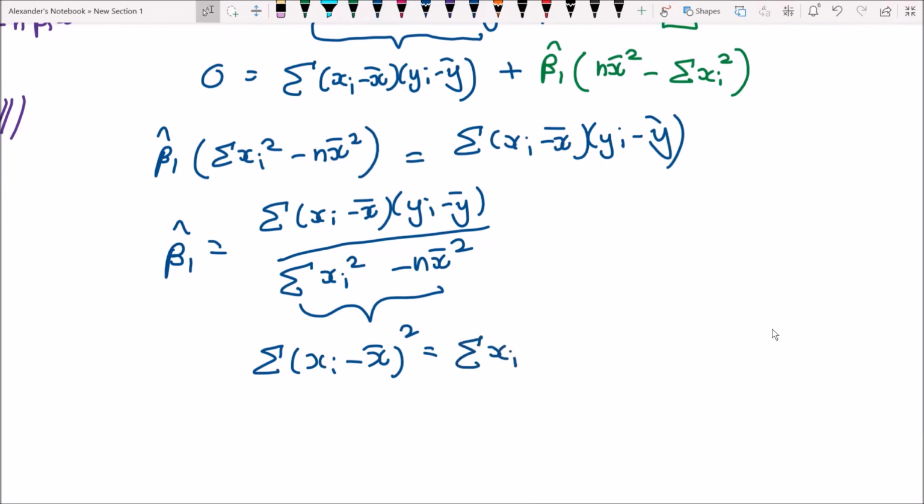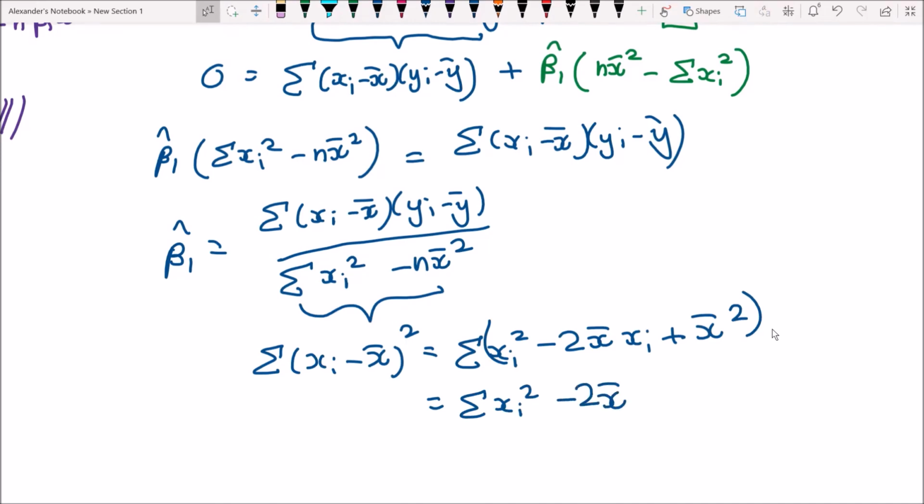It's the summation of xi squared negative 2 times x bar xi plus x bar squared. And all of this is still in the summation operator. If you simplify it, it becomes the summation of xi squared negative 2x bar n x bar, because this is the summation of xi.